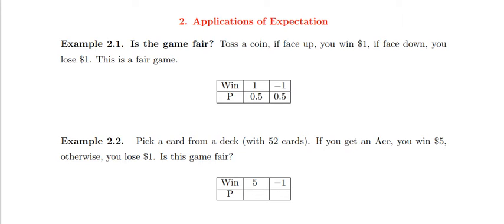Because it's balanced, or we can say the expectation is 0. It equals 1 times the probability 0.5 plus -1 times 0.5. So we find this expectation is 0. If the expectation is 0, the good thing and bad thing are balanced. So this is fair.